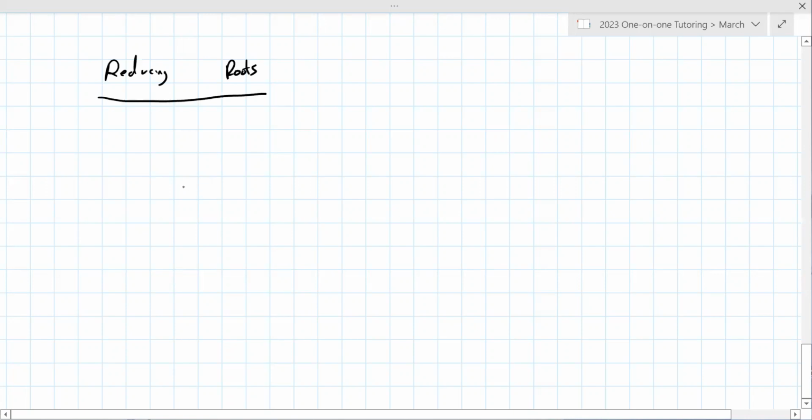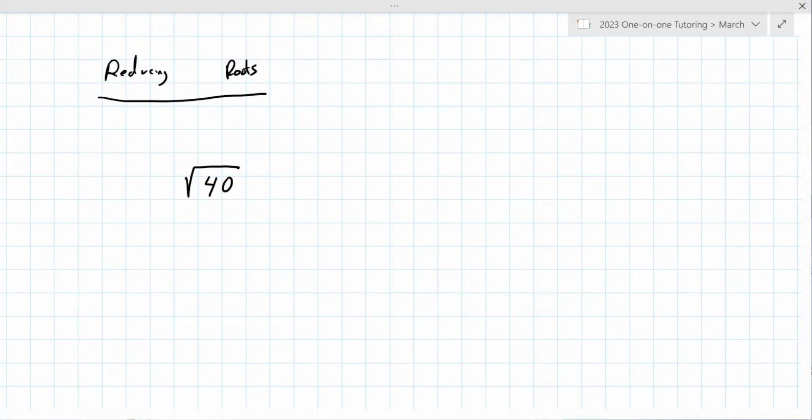So like let's say I asked you to find the square root of 40. Do you remember how you might start a problem like this? There is no whole square root, so you gotta break it down.